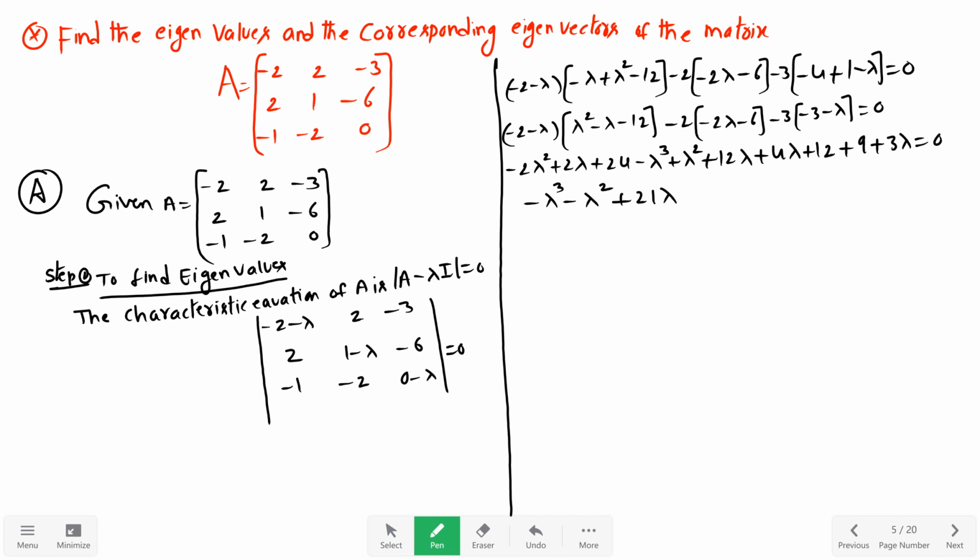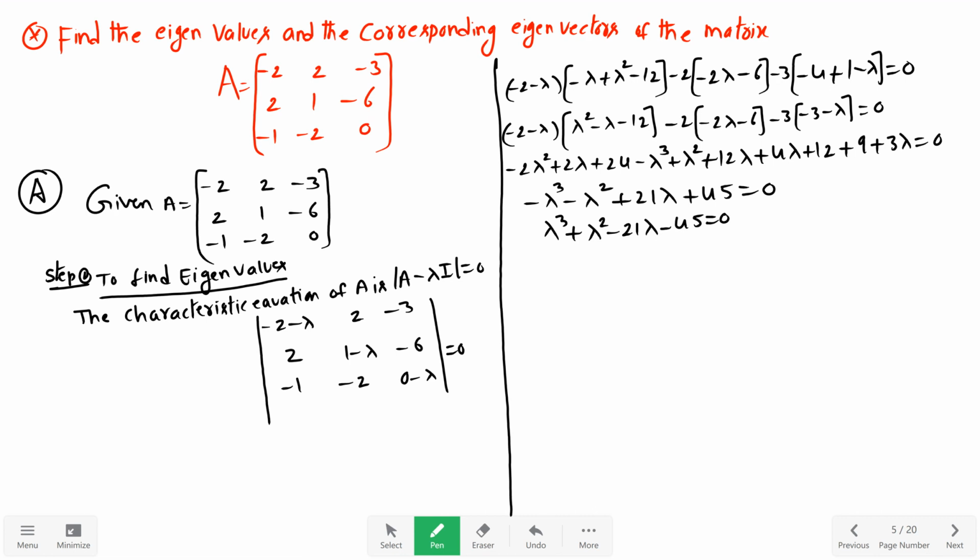Then constants: 24 plus 12 is 36, plus 9 is 45, equal to 0. Multiplying by minus: lambda cube plus lambda square minus 21 lambda minus 45 equal to 0.